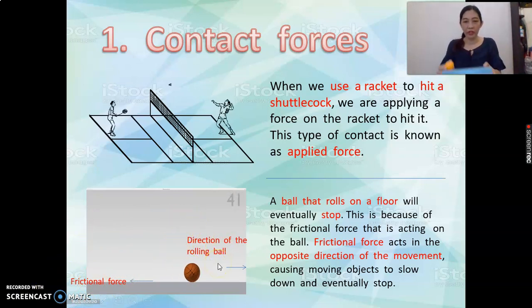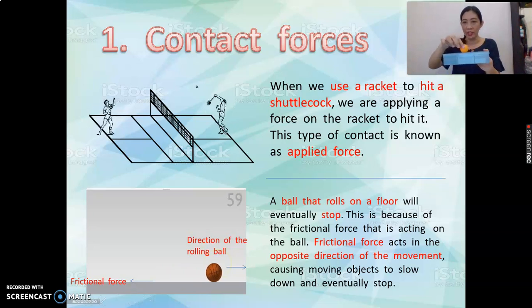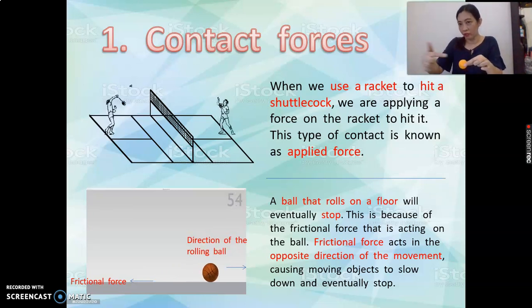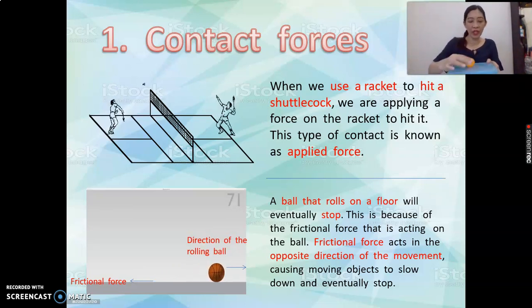The direction of the rolling ball is here. Frictional force is there.